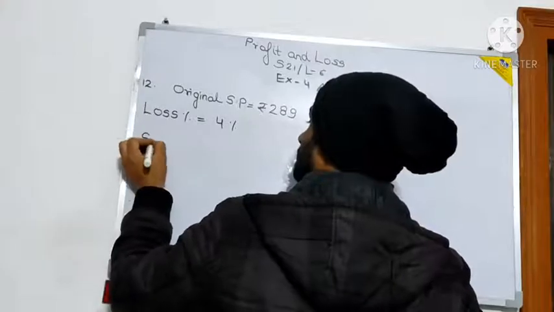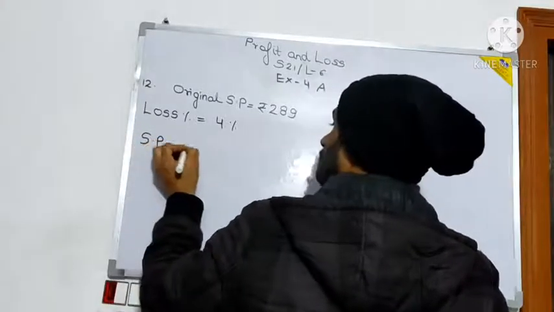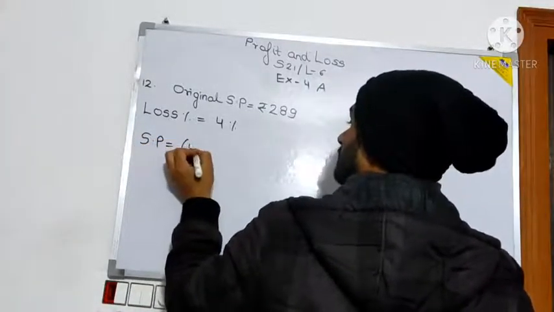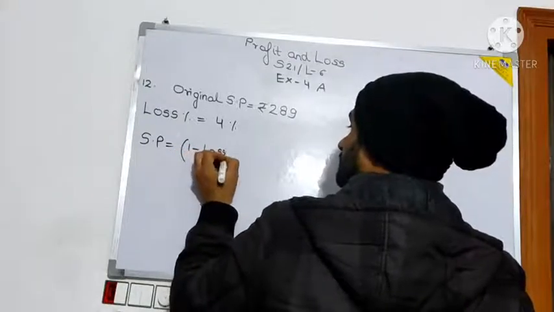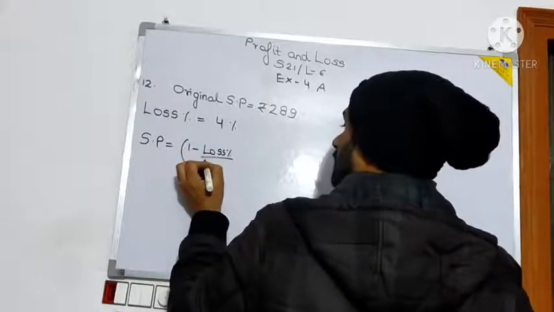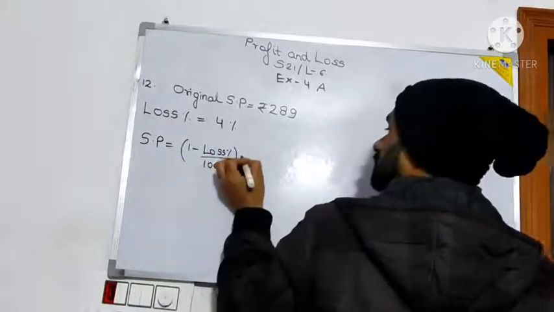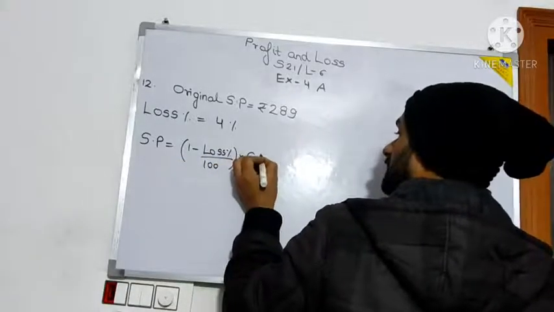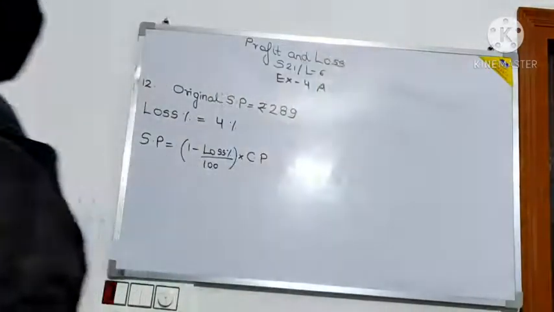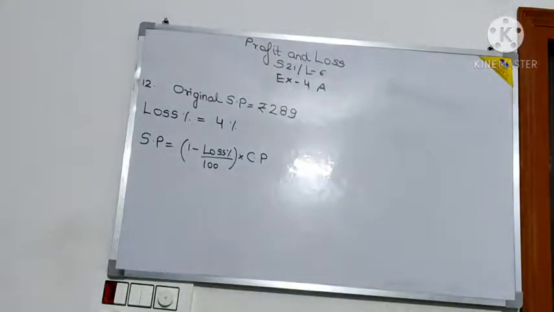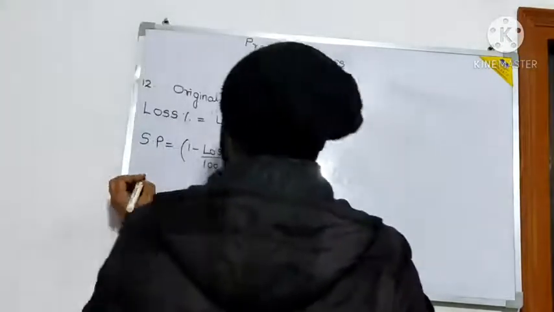So what is the formula? SP equals, since loss is there, 1 minus loss percent upon 100, into CP. That is the formula. So using this formula, how much will the CP be?